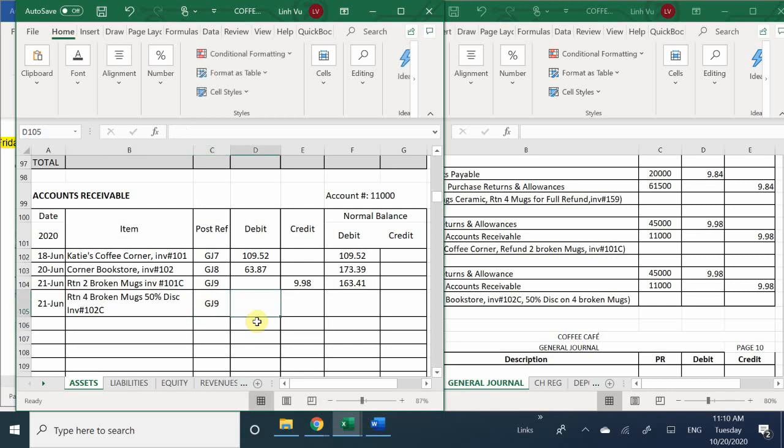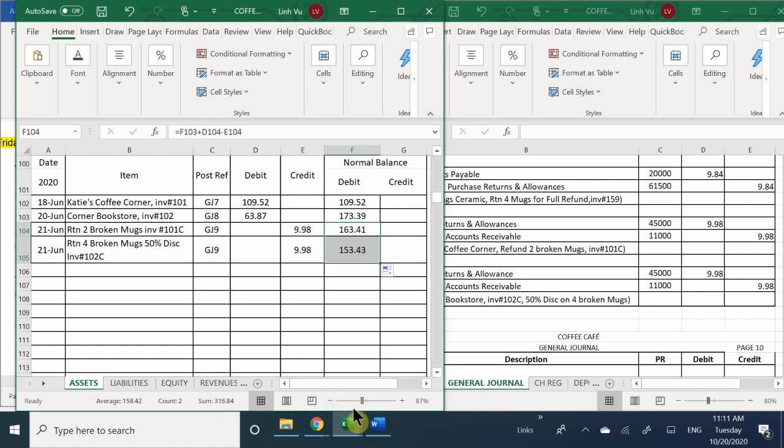And for what amount am I going to be crediting it? 9.98, bringing my accounts receivable account to 153.43. Okay, good.